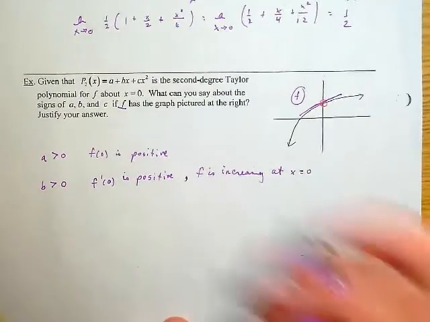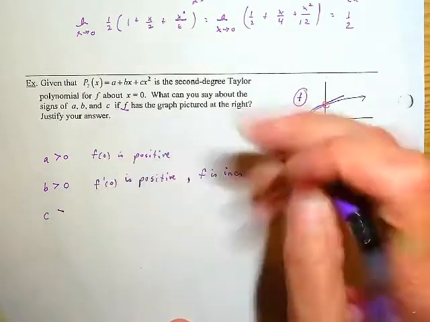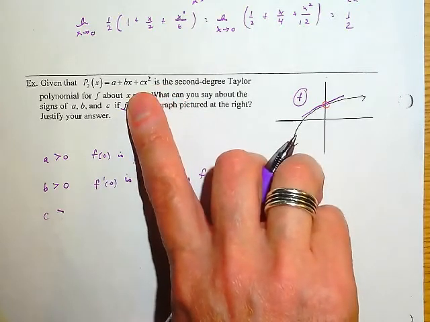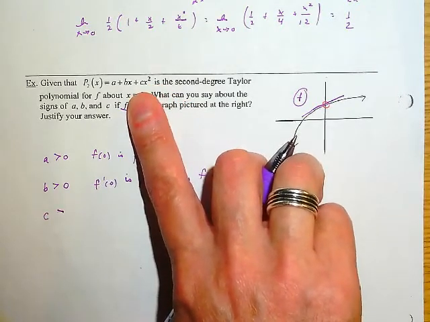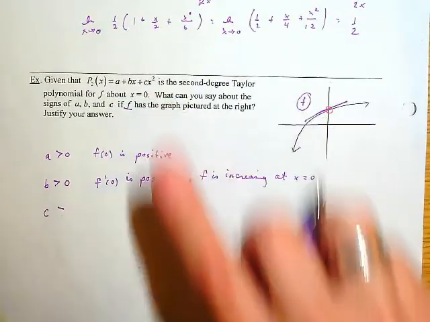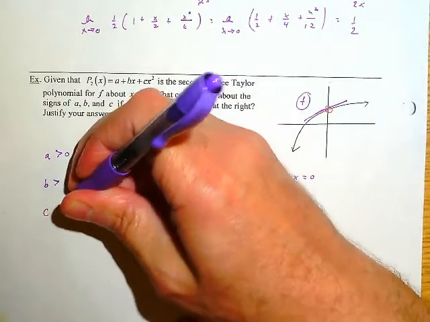So what about c? Remember, I started my inequality here, but I'm going to pause. c has to do with the second derivative divided by 2 factorial times x squared. So what is the second derivative of this function? It's actually going to be less than 0, isn't it?